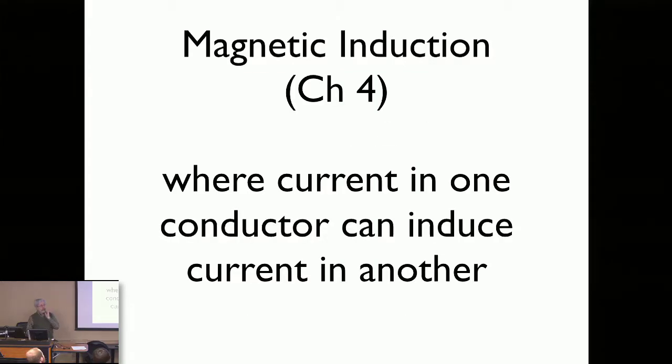Okay, so now let's consider what's going on in chapter 4, excuse me. We're about to start on chapter 4. You have some homework for chapter 4 to get you started for Friday. So we're going to find that current flowing in one loop can induce current in another conductor under certain conditions.